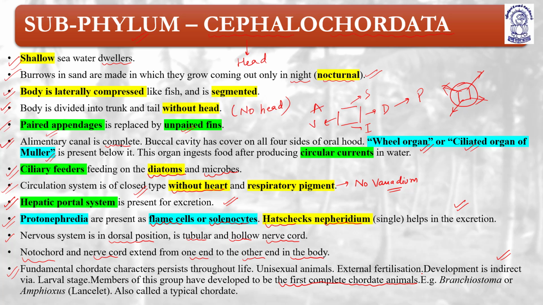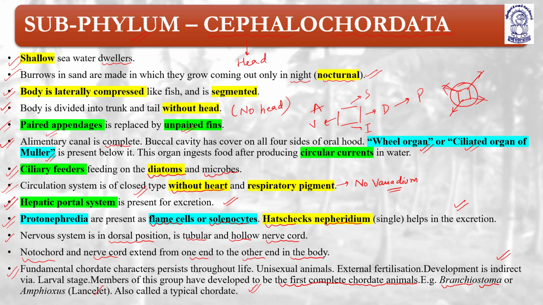Like Branchiostoma or Amphioxus, the lancelet, also known as the typical chordate. So if the question comes, which of the following is considered as typical chordates: protochordata, hemichordata, cephalochordata? Then cephalochordata.